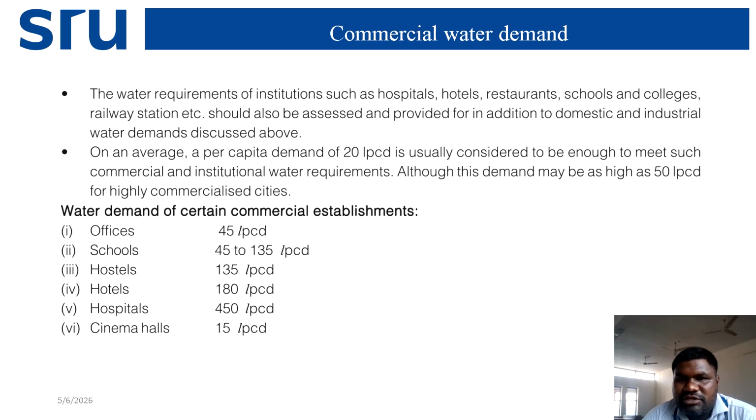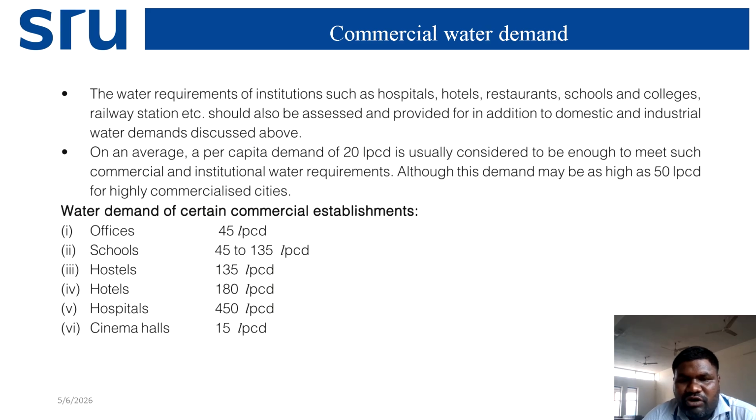Coming to the commercial water demand, commercial may include offices, schools, hostels, hotels, hospitals, cinema halls. The water quantity per head will vary: offices around 45, cinema halls very little, 15 liters per head per day.